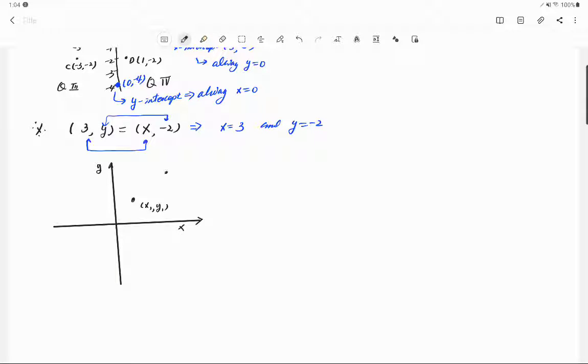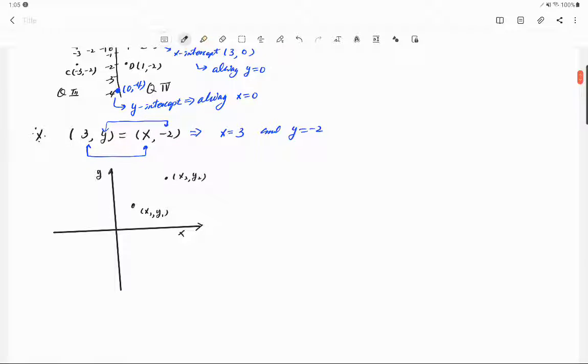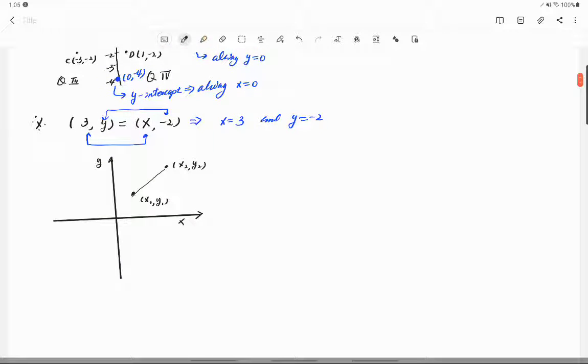And the second point, this is x2, y2. Then we want to find the distance between these 2 points. Can we draw a horizontal line and a vertical line? And this one will make a right triangle.